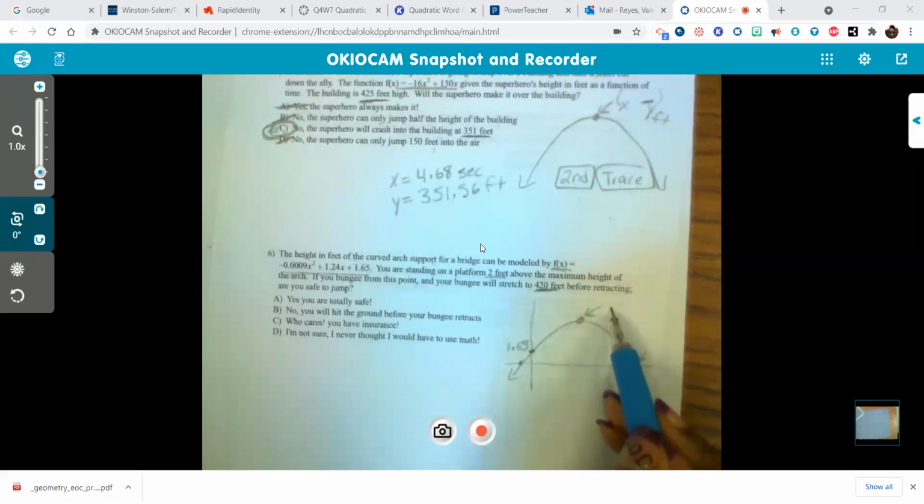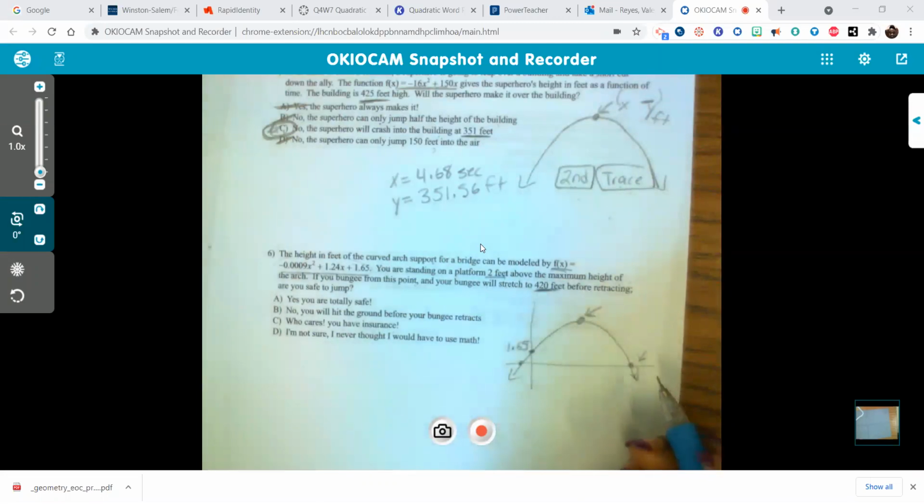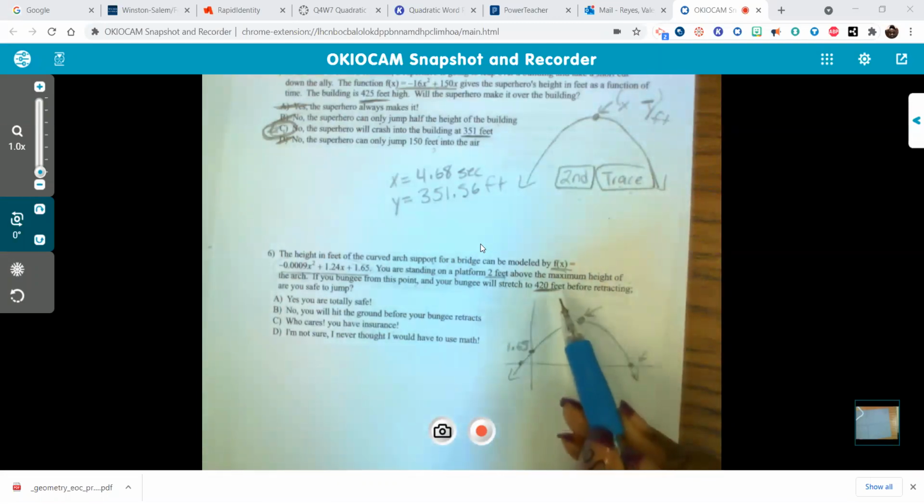This is what you're trying to figure out, and add 2 feet to it to see if it's safe for you to drop. Because guys, if it's less than this right here, oh boy, you are a flat pancake. You're gonna splat.